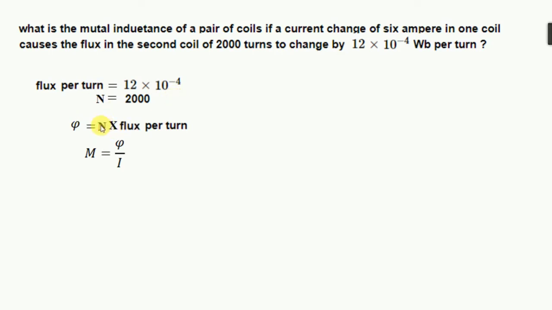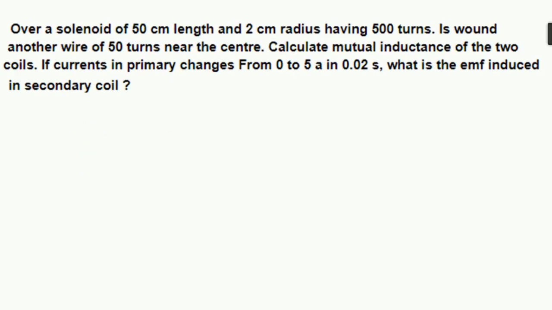So total flux will be flux per turn into number of turns, so that will be 200 into 12 into 10 to the power minus 4. Now you can use this formula, M is equal to flux by current. Current is already given, 6 ampere, and flux is 200 into 12 into 10 to the power minus 4. So you can find the coefficient of mutual inductance.